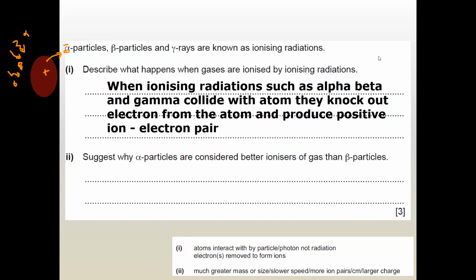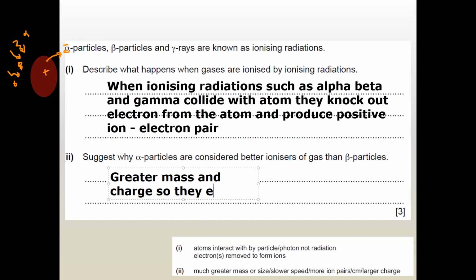Then suggest why alpha particles are considered better ionizers of a gas than beta. What is the reason? Because they have a greater mass and charge.